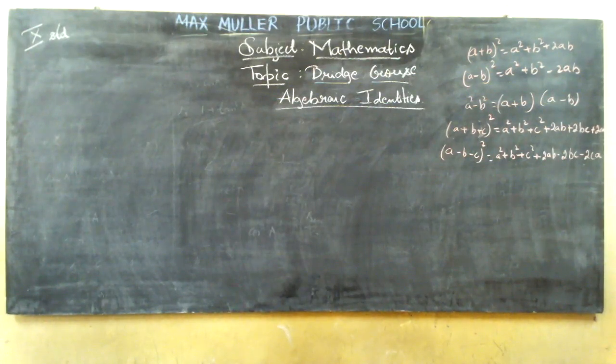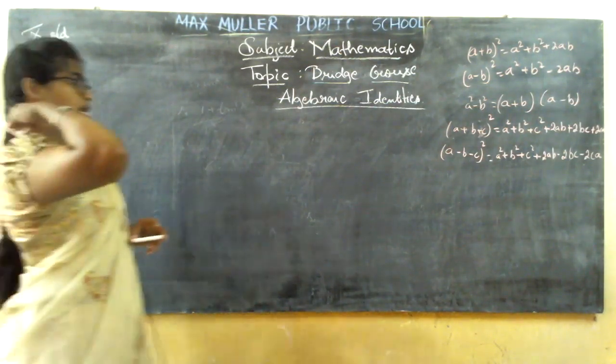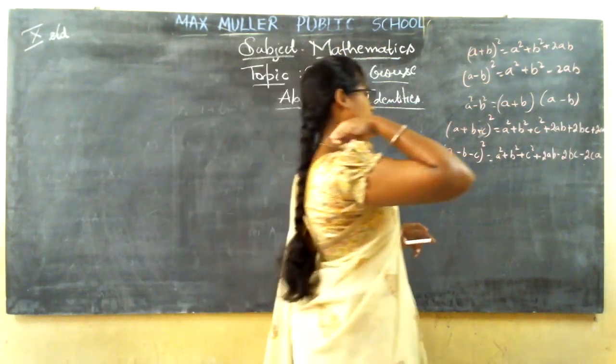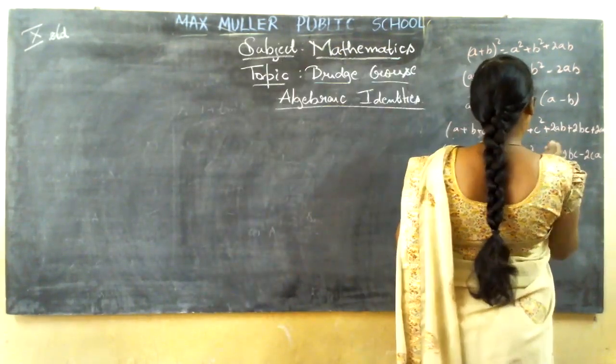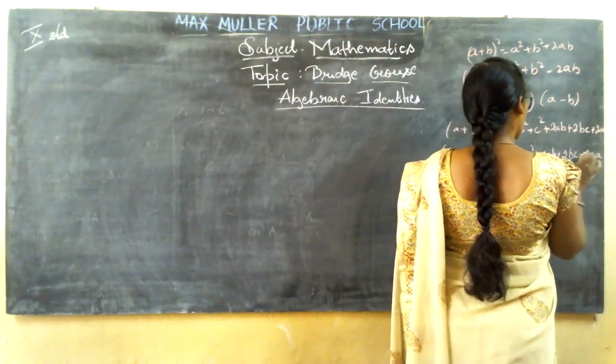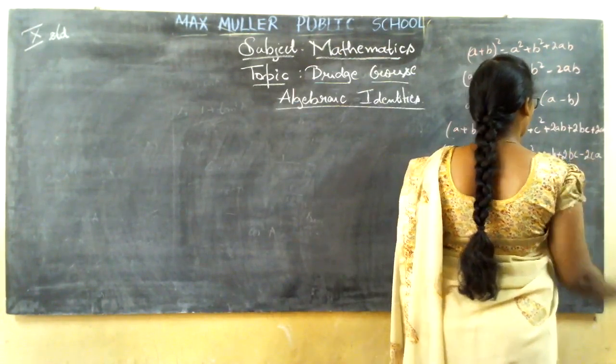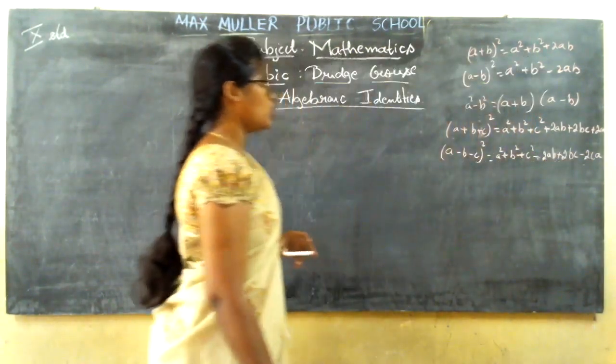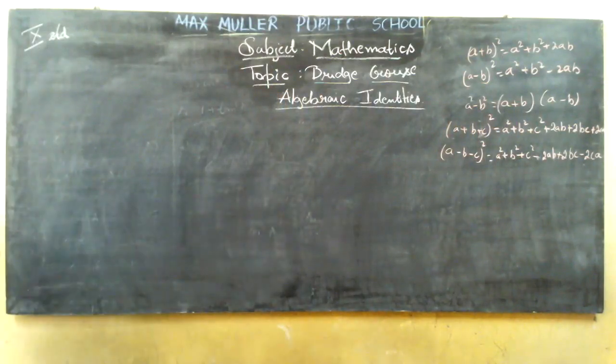Correct? So this is the formula for (a minus b minus c) the whole square, which is a square plus b square plus c square minus 2ab plus 2bc minus 2ca.